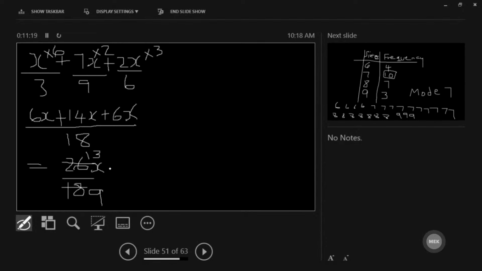And we are allowed in algebraic fractions to leave it as an improper fraction. So that's 13x over 9. We could change it to a mixed number, 1 and 4/9 x, but this is fine as is. You can leave it as 13x over 9.